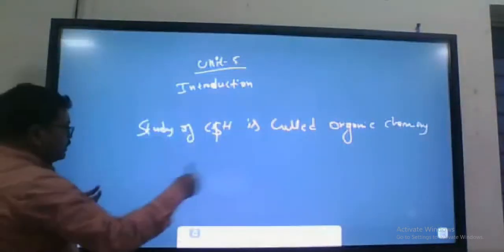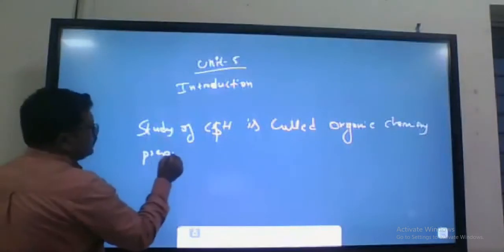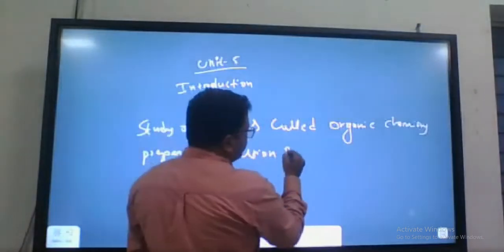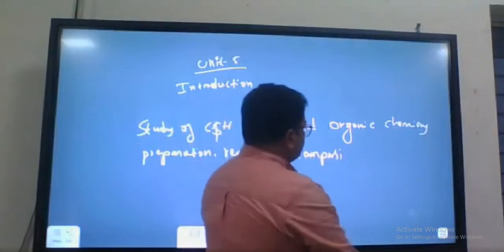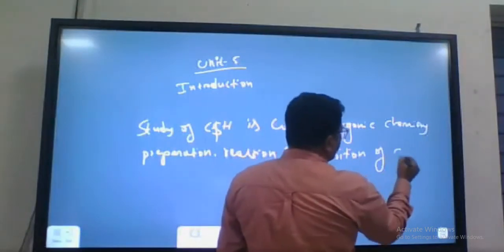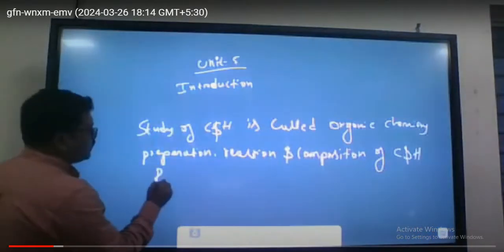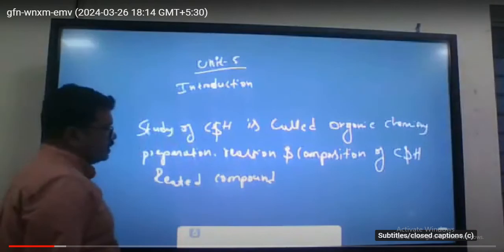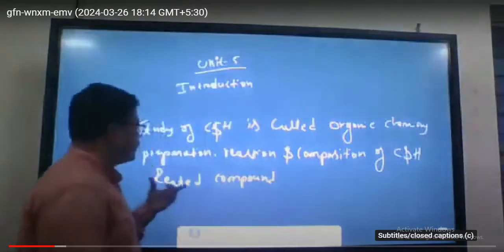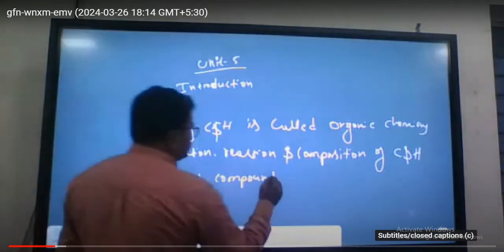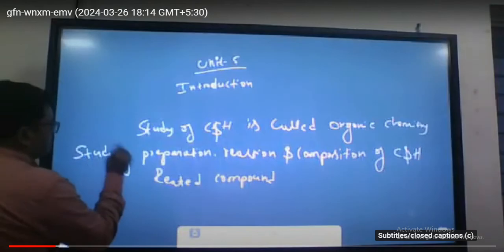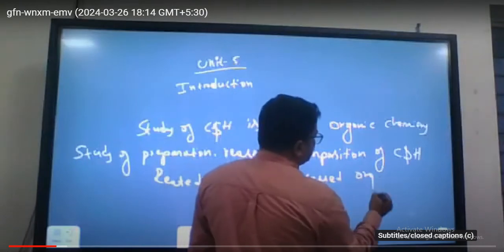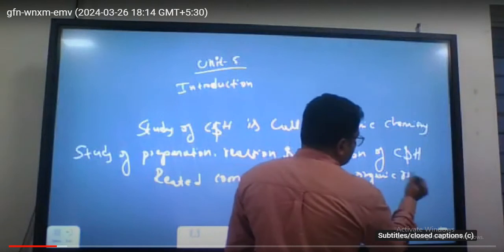Or another definition: the study of preparation, reaction and composition of carbon and hydrogen related compounds. Studying the reactions, composition and preparation of carbon and hydrogen related compounds is also called organic chemistry.